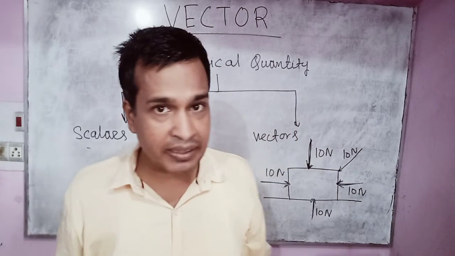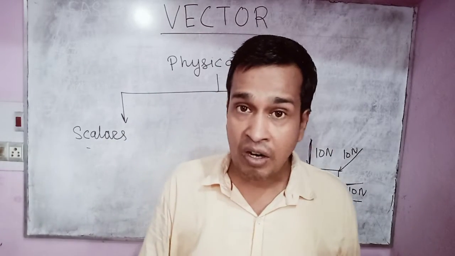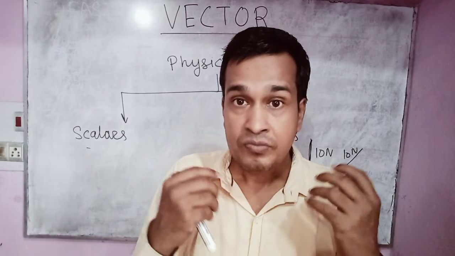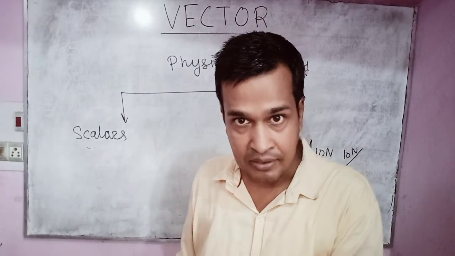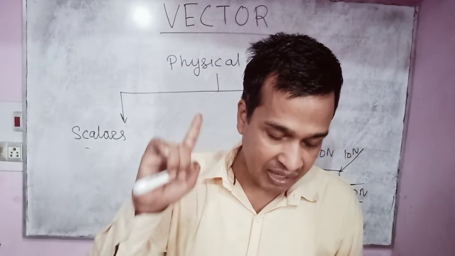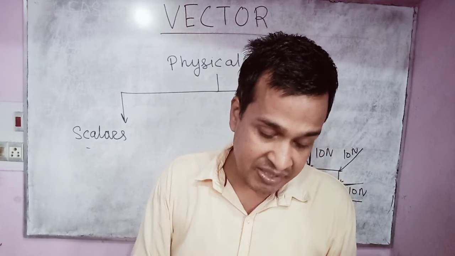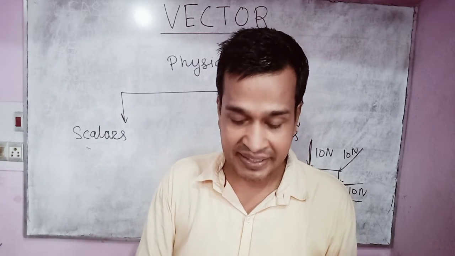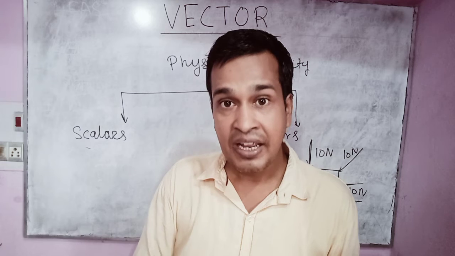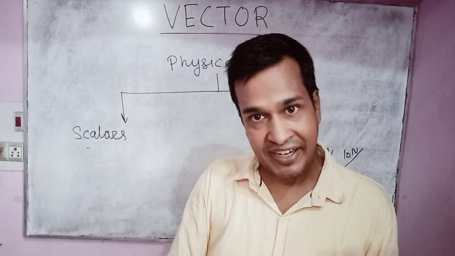It is not added according to the triangle rule of vector addition or the parallelogram rule of vector addition. So what are vectors? Vectors are the physical quantities which have magnitude, which have direction, and which are added or subtracted according to the triangle rule or parallelogram rule of vector addition.